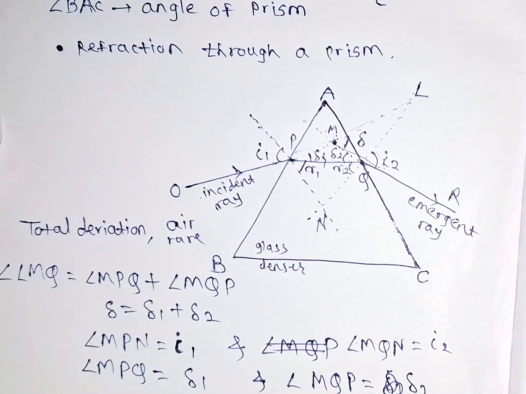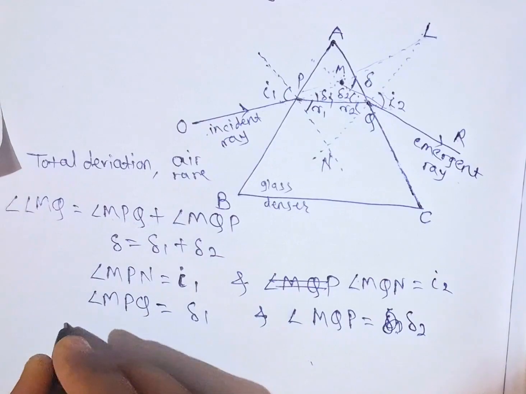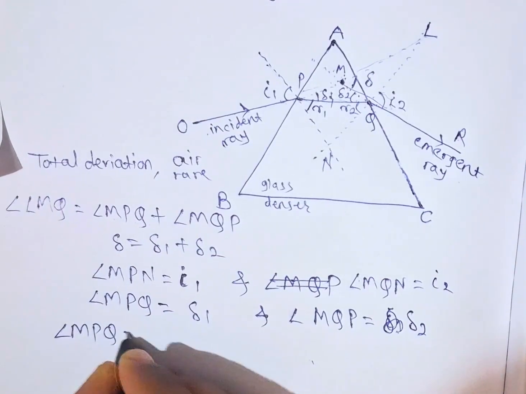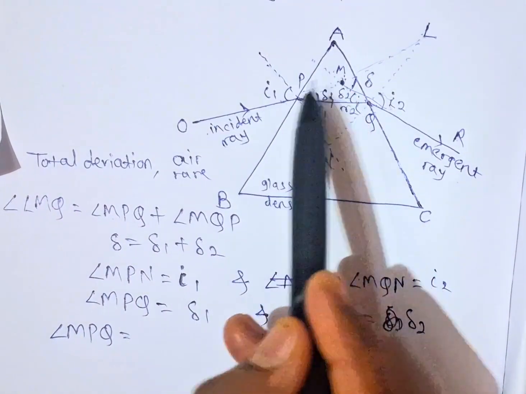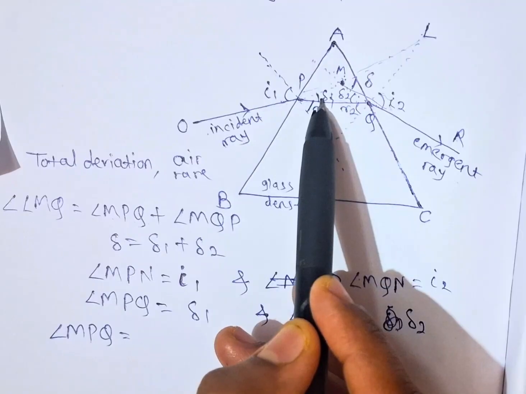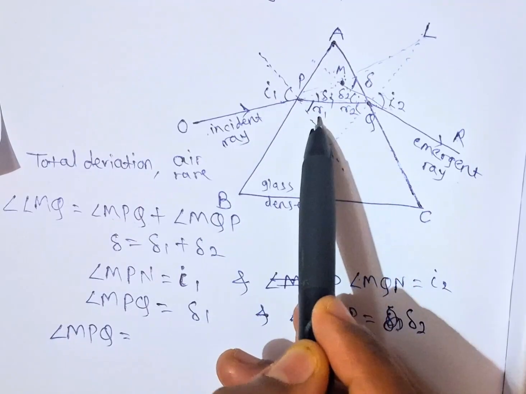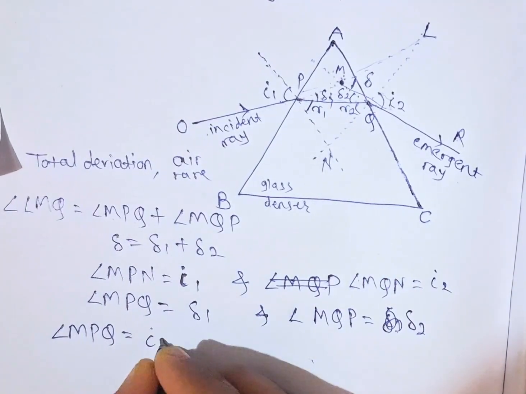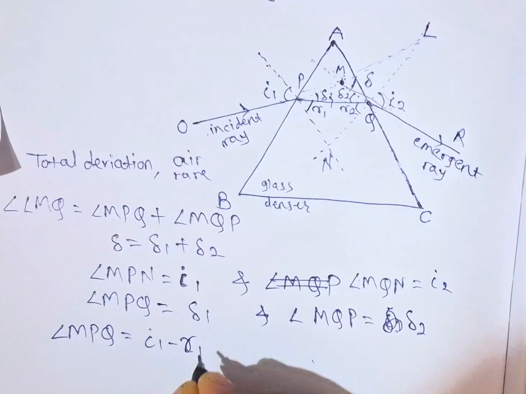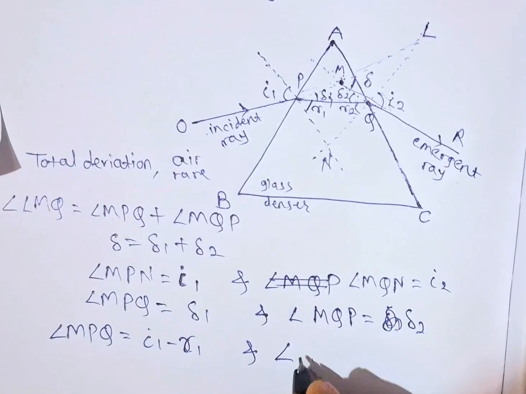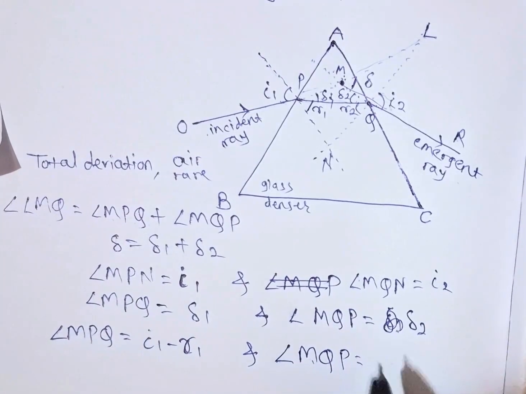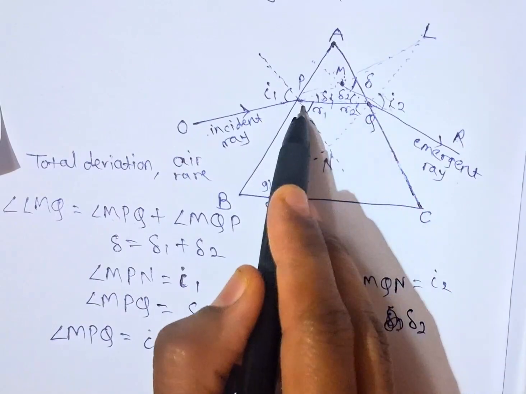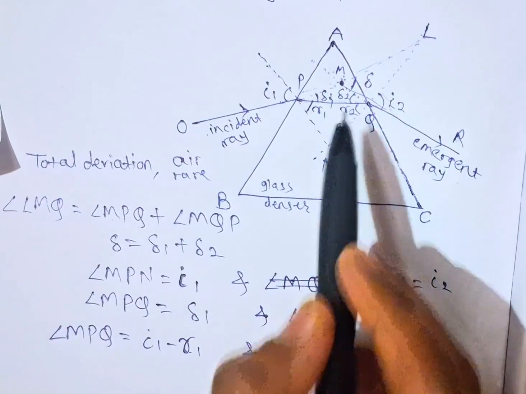Now what will be delta 1? Delta 1 is I1 minus R1, and similarly delta 2 will be I2 minus R2.